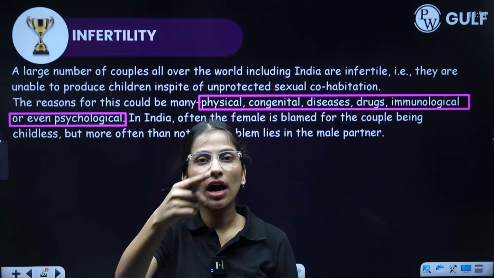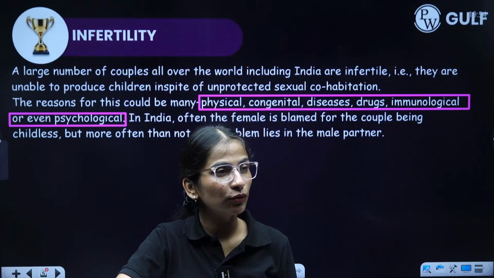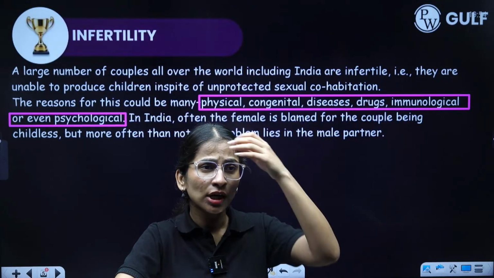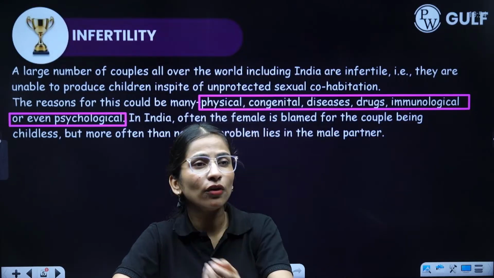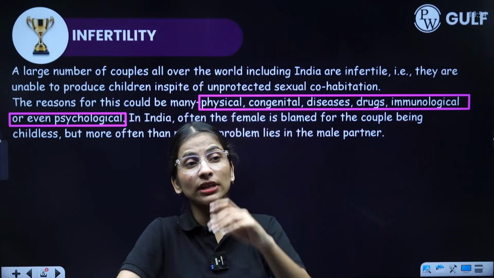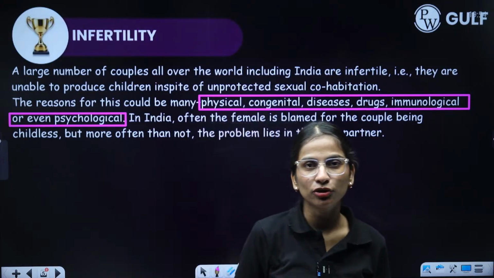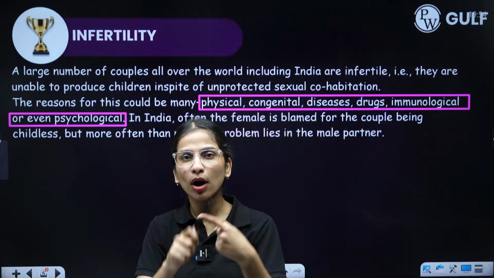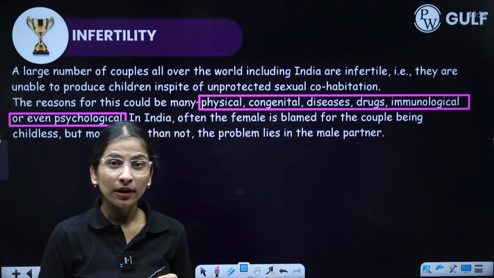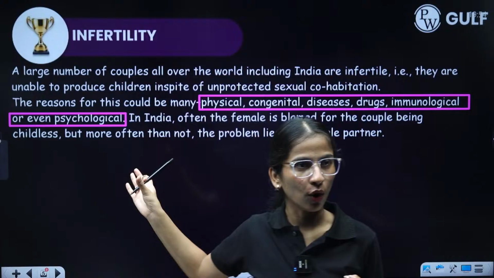The nervous system also has control over our endocrine system, and the endocrine system was responsible for so many hormones responsible for the normal functioning of our body, right? If hormones are not functioning, and those hormones also include our sexual hormones, gonadal hormones, testosterone, estrogen, progesterone, then psychological problems can ultimately show symptoms and results in the physical form as well.